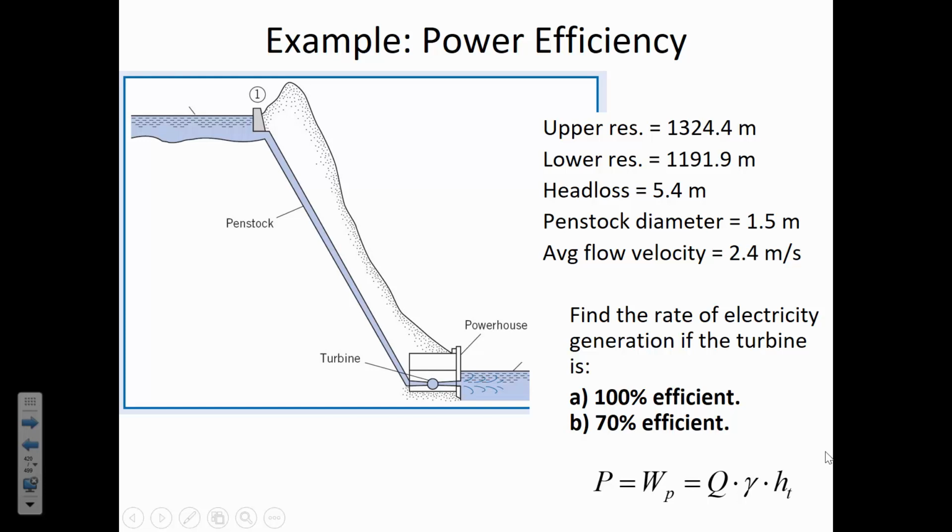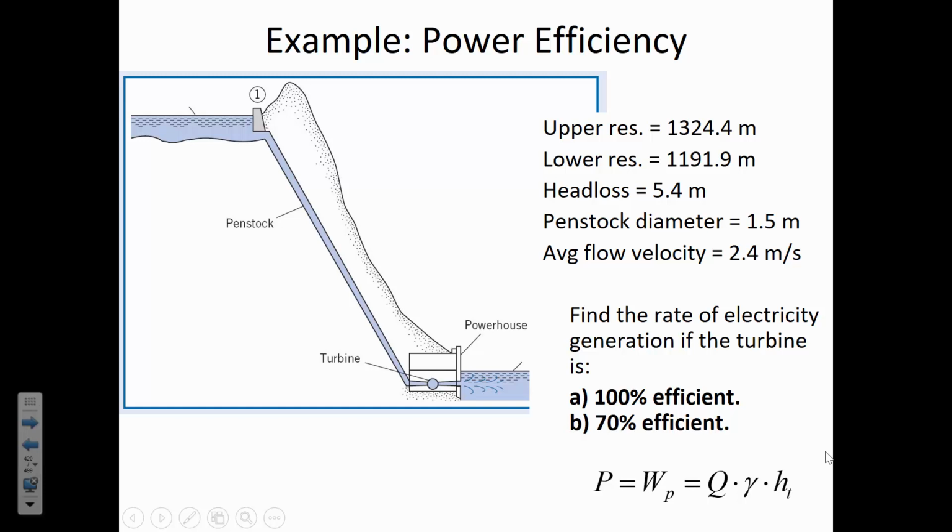Because in the case of a pump, the question is how much power is needed to spin a pump. And so there's the power that needs to go into the water, but then you're going to have to put even more power into the motor and the pump assembly in order to get that energy into the water.